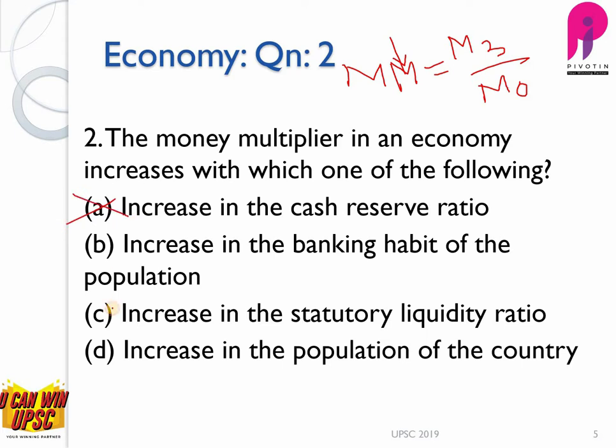So we can directly eliminate the options A and C. Increase in the population of the country is not relevant to the money multiplier, but increase in the banking habit of the population will help to increase the money multiplier, because if more people know banking, they will deposit into the bank and they will get money from the bank in the form of advances, and hence B is the correct answer to this question.